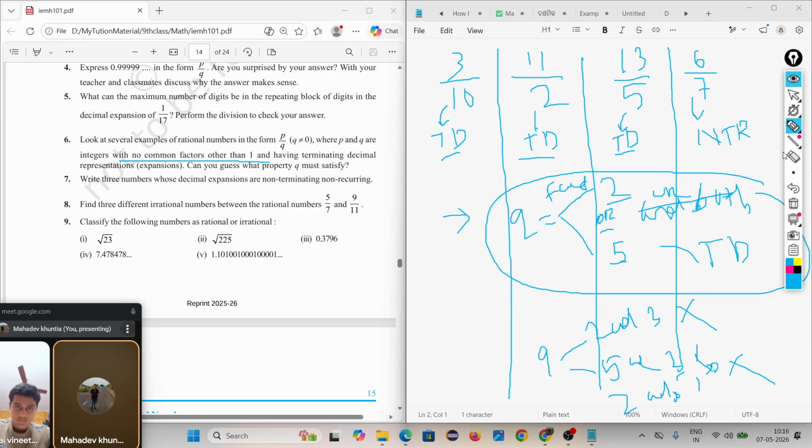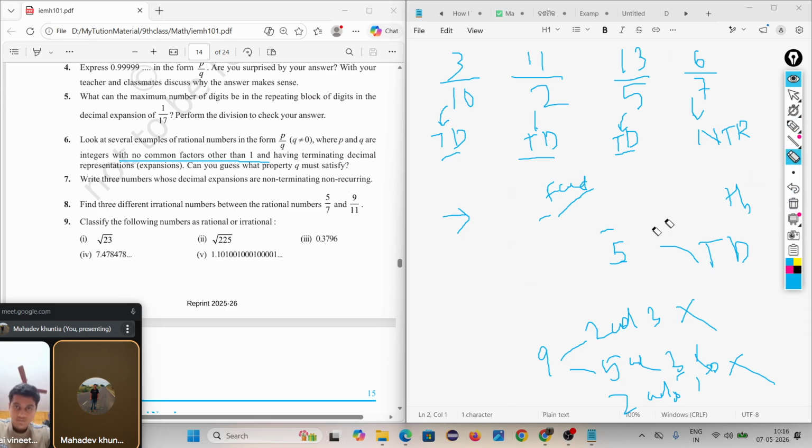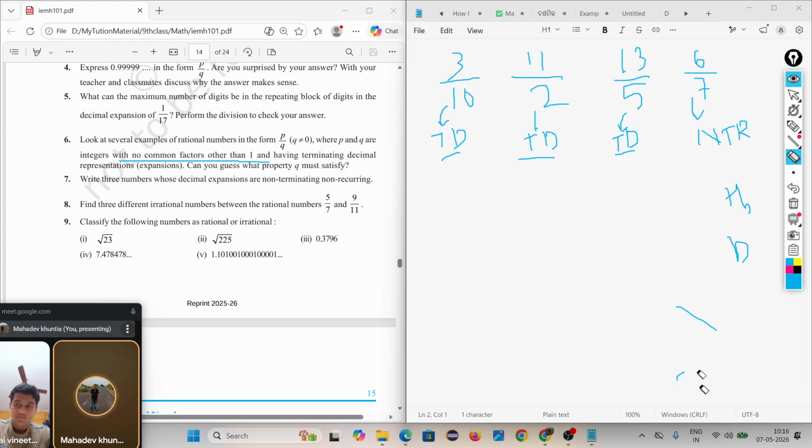Look here. In 3 upon 10, the denominator q is equal to 10, right? Then tell me what are the factors of 10? 2 and 5.